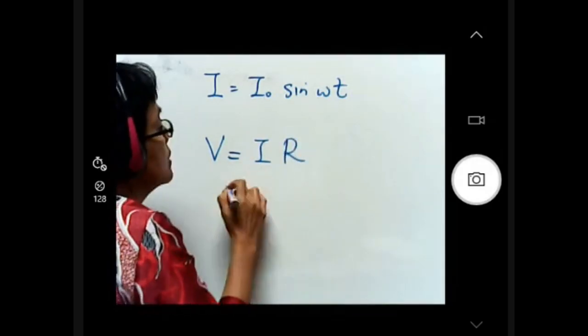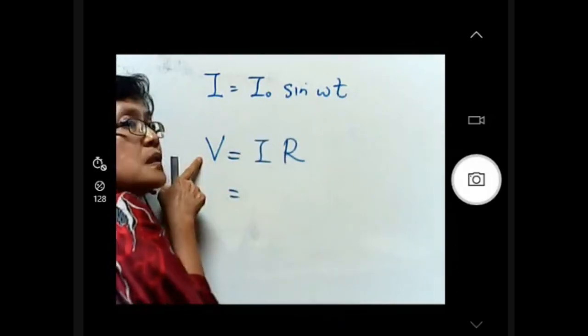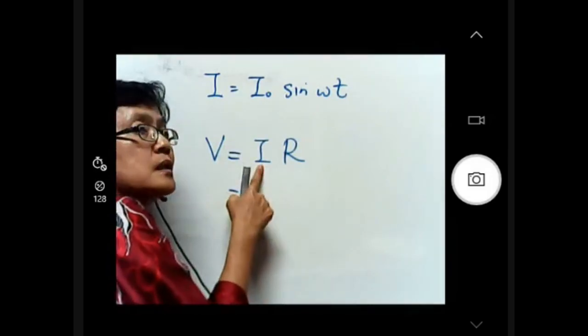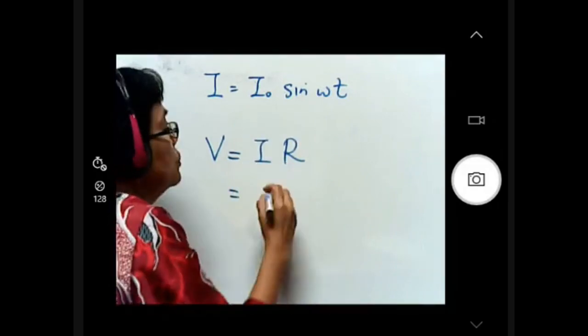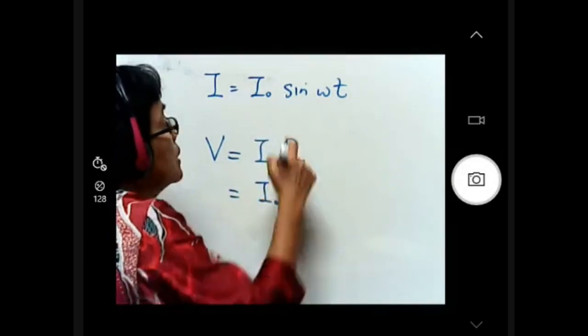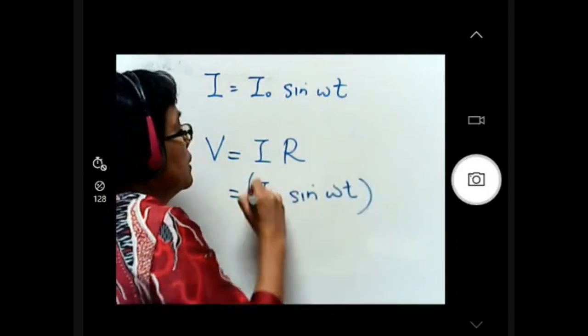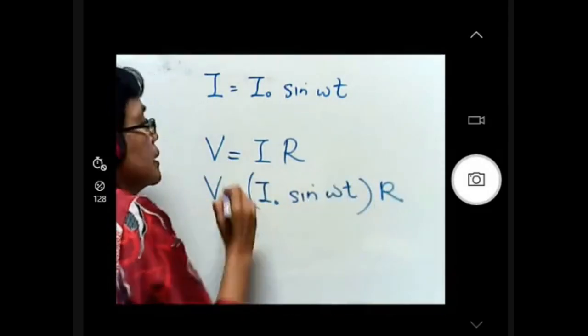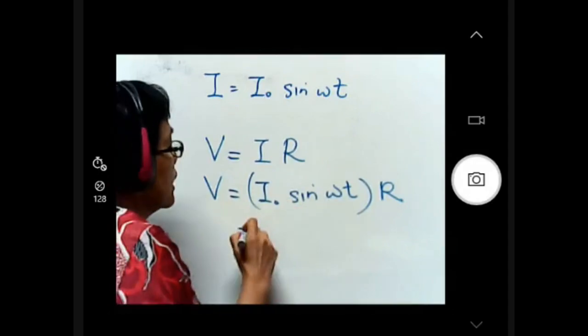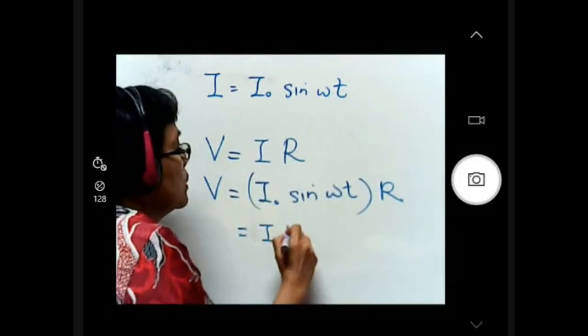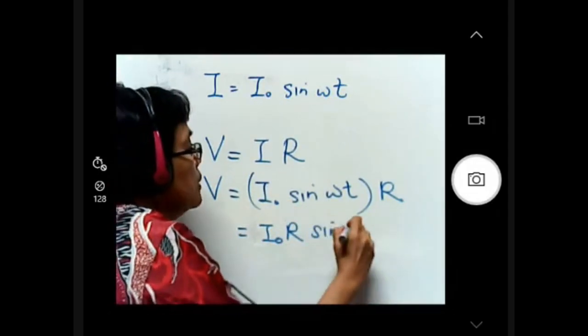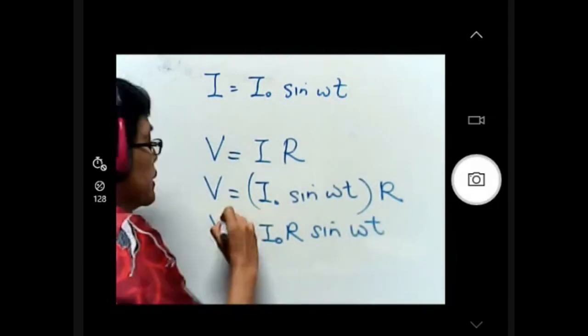So what is I? Of course, if this is an instantaneous value, this has to be an instantaneous value as well. So I just substitute I naught sine omega t multiplied with resistance. So when I rearrange, I get I naught R sine omega t.